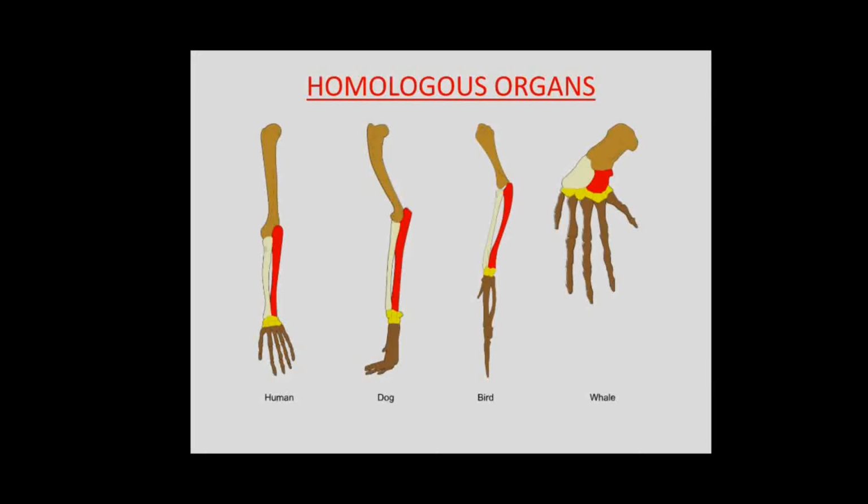While comparing their anatomy, we can find there are basic similarities in their arrangement of bones, except for slight variations and differences. But the uses of these organs are different.